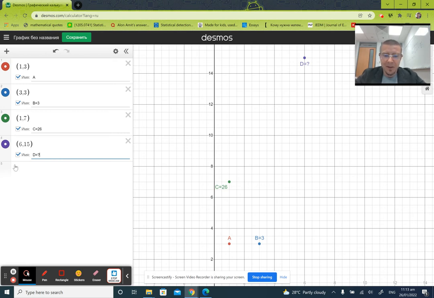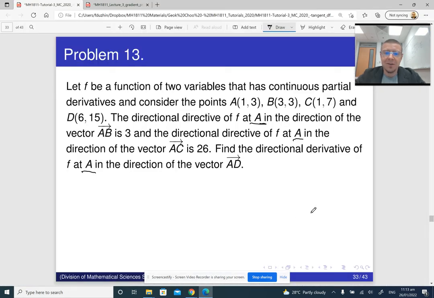Essentially, what we are given are the partial derivatives of our function with respect to x and y. So this is really a familiar type of question. It's just a little bit disguised.